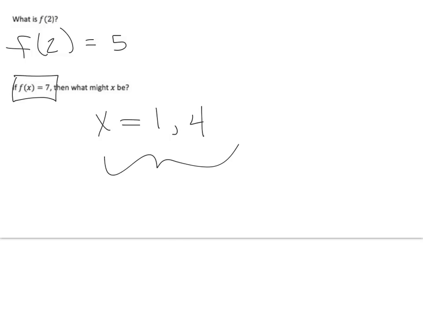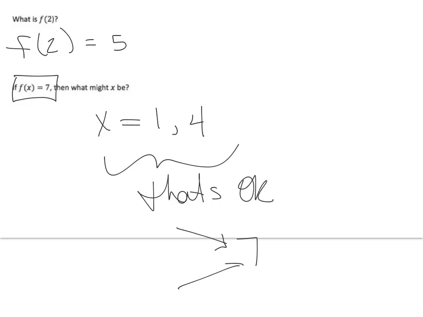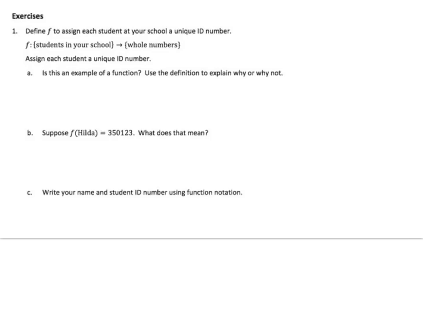And that's okay. I can have 7 come from 1 or 4. That's okay. Two domains going to the same range, but I can't have one domain going to 2 different ranges.